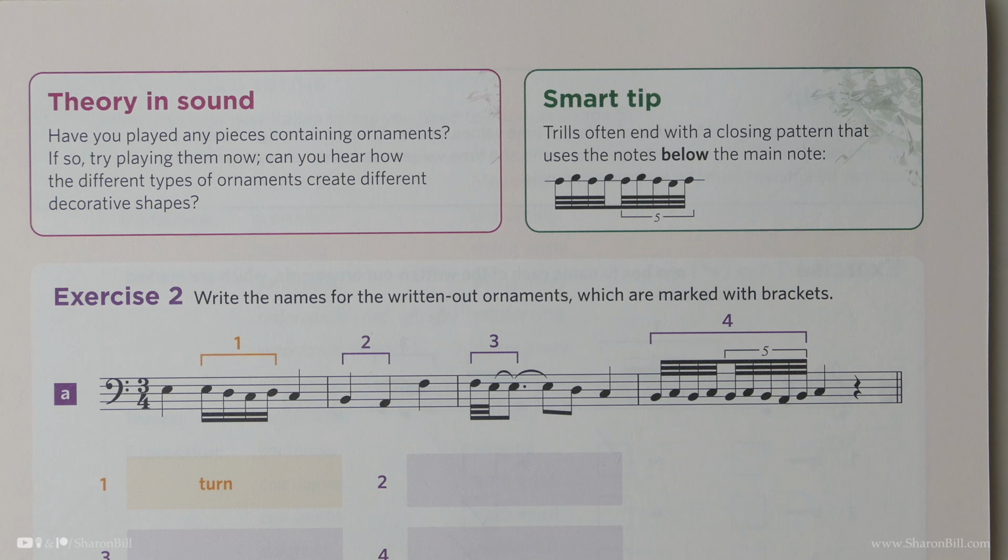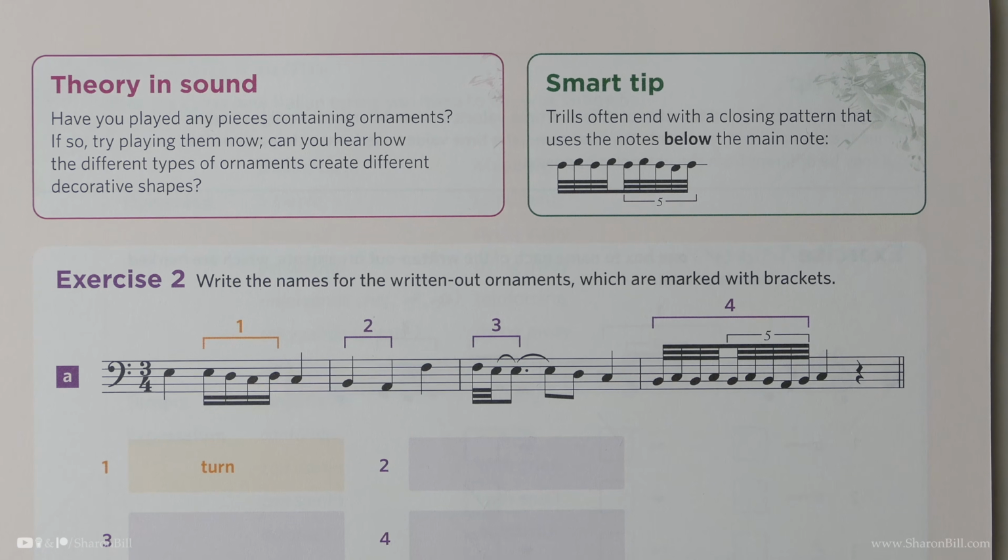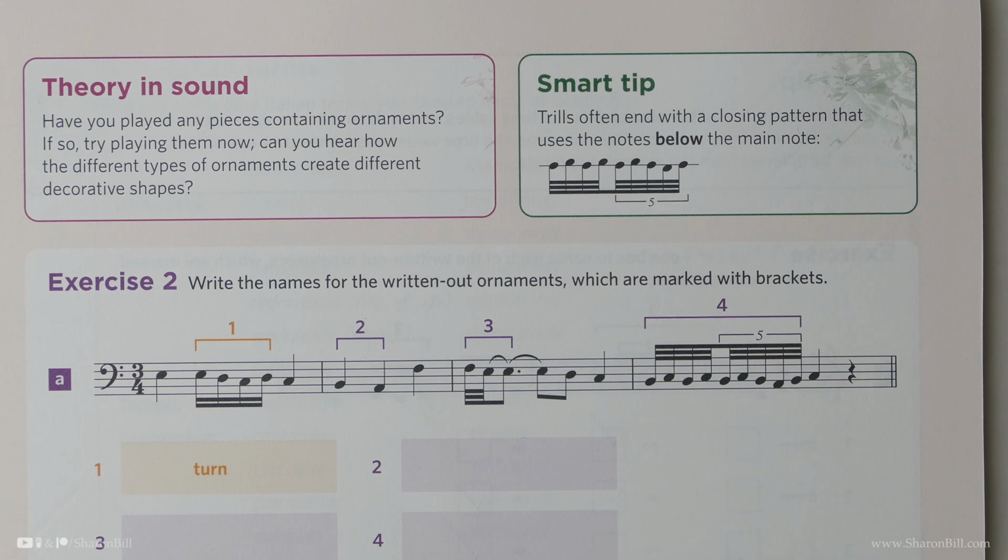As we turn to page 70, we continue with the topic of ornaments, and that's grade 5 Discovering Music Theory, page 70. Let's turn to that page now, and we return to the topic of turns, mordents and trills.